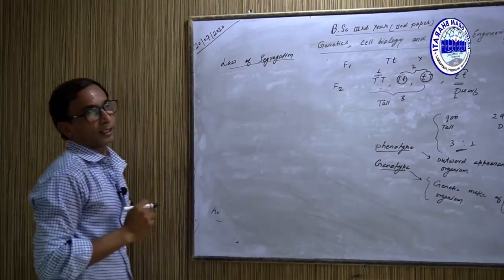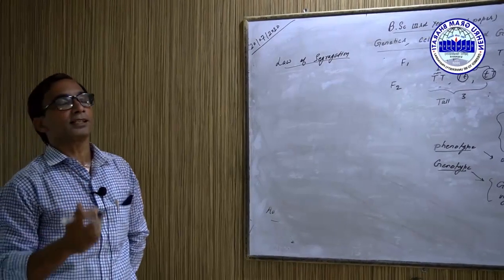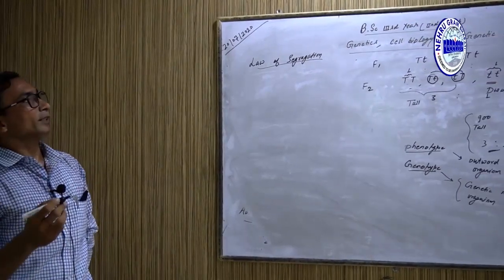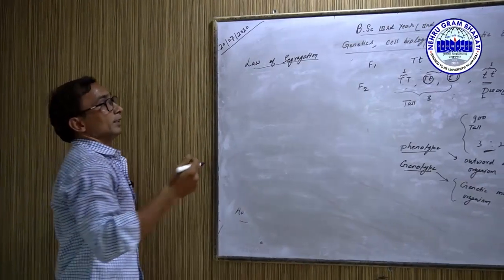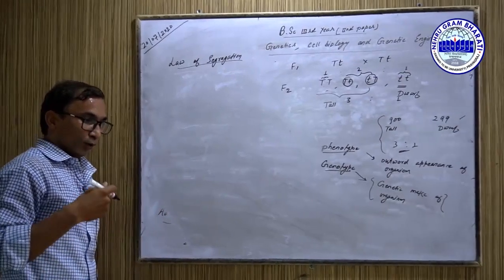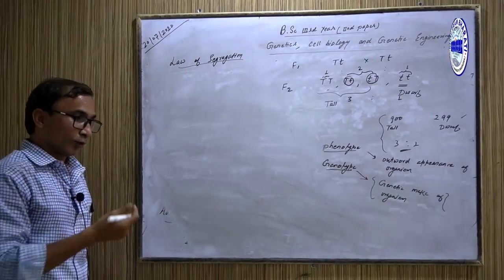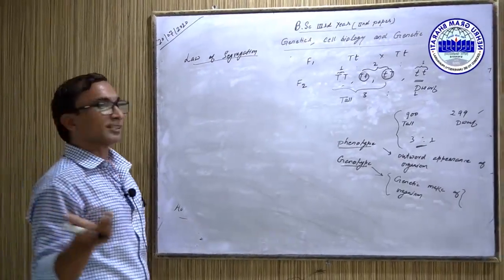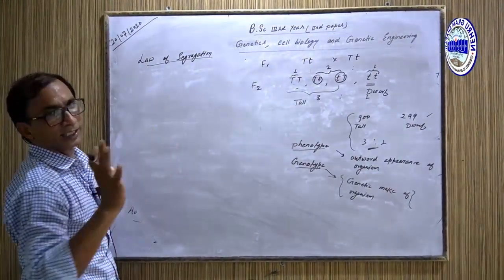What does it say? It says nothing complicated. It simply says that at the time of gamete formation, half of the gametes carry only one allele, or you can say one copy of an allele goes to one gamete and another copy of the allele goes to another gamete. This is the easiest thing, but students feel that this is a very complicated process.